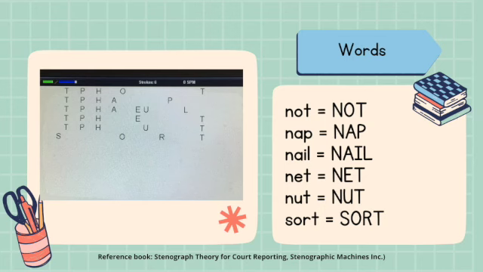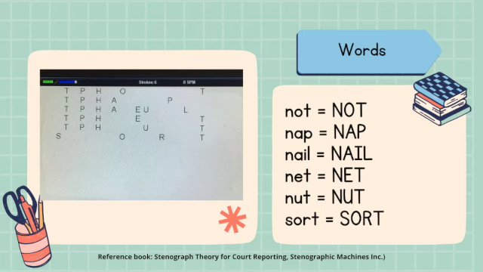For the words, on the left side, we can see the stenograph notes and the words on the right side. So you have there not, initial N, vowel O, final T, the nap, initial N, vowel A, final P, nail, initial N, long A, final L, net, initial N, vowel E, final T, not, initial N, vowel U, final T, and then sort, initial S, vowel O, final RT.